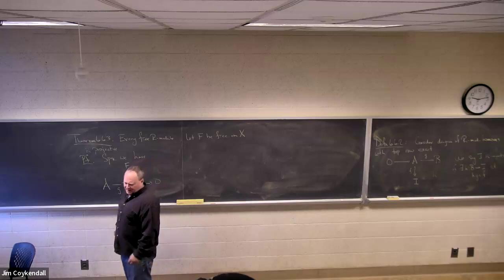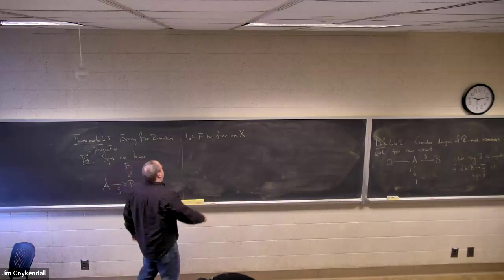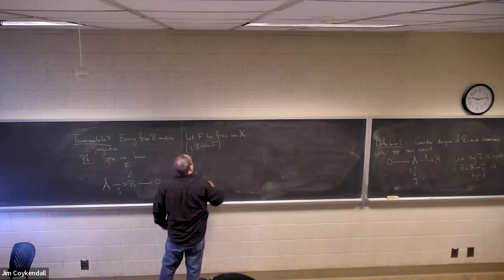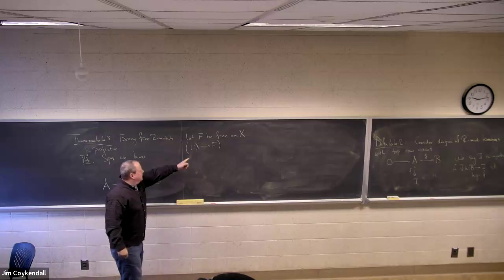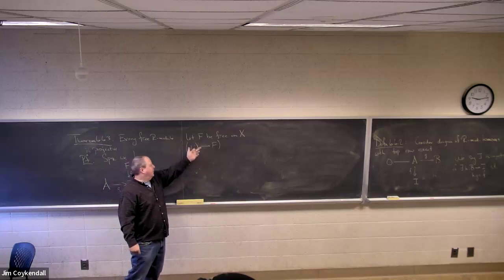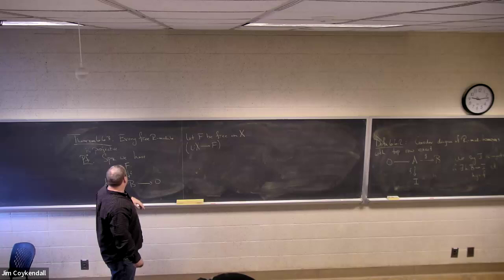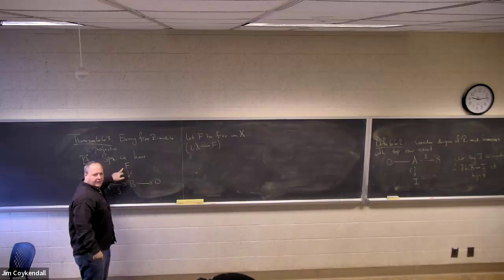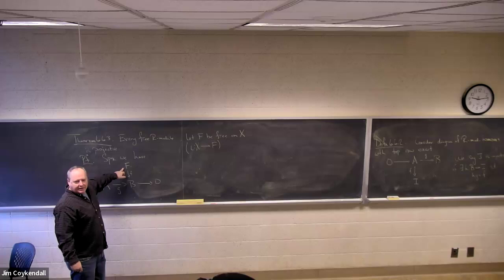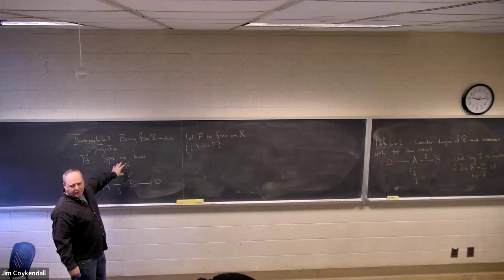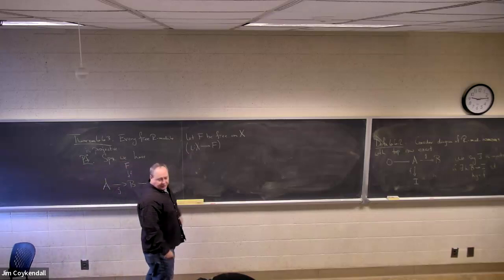Since this is free on X, of course, a free module is free on a subset. And by the way, I'm assuming it does have a basis. Let me point out that for the zero module, you can always complete this diagram with the zero homomorphism, right? So if your free module happens to be zero, you're good to go here. It's projective. But we'll assume it's got a non-empty basis here.